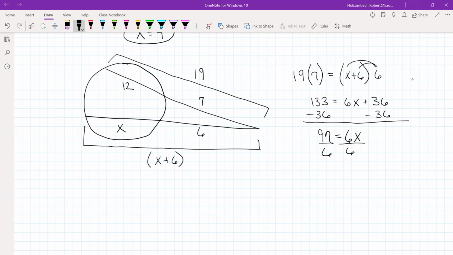And we're going to go with 16.2 is equal to x. You guys all right with that? Okay.